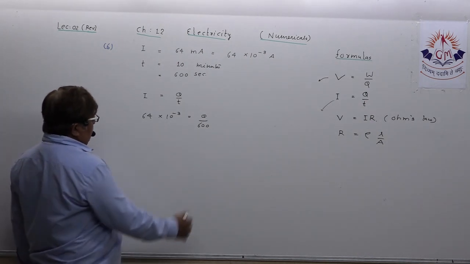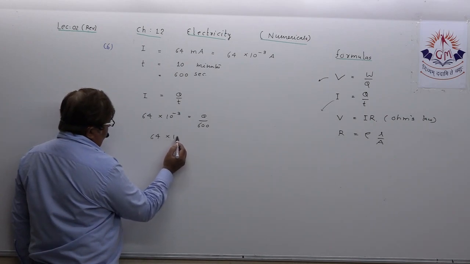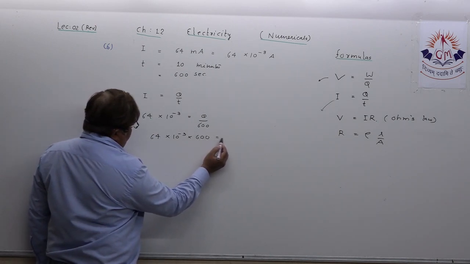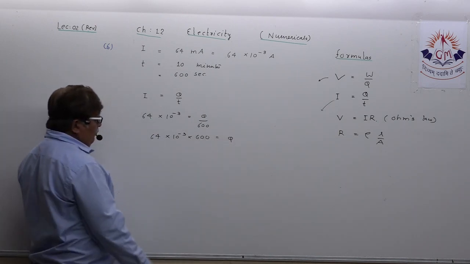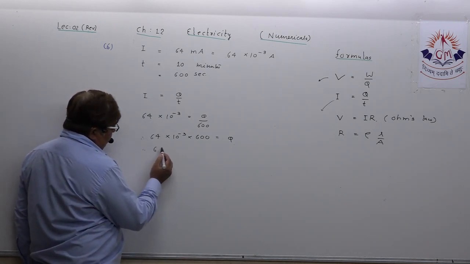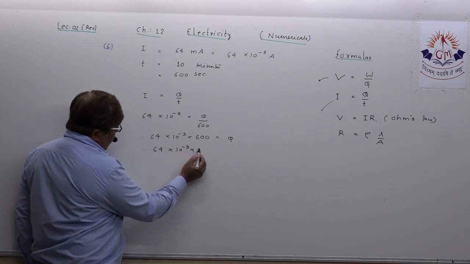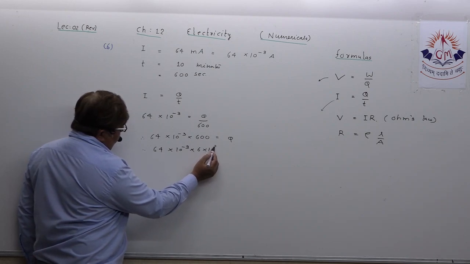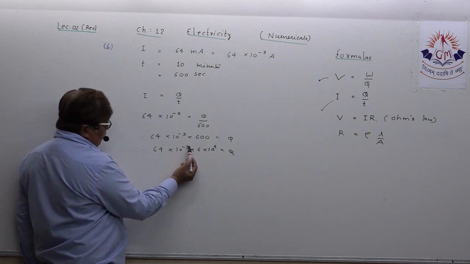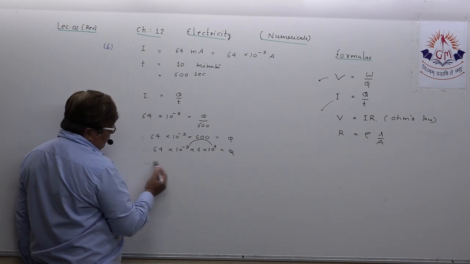Just cross multiply: 64 into 10 raised to minus 3 into 600 equals Q. To make it simpler, can I write this as 6 into 10 raised to 2? Now this I can easily solve by multiplying.